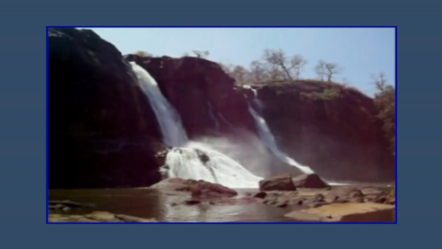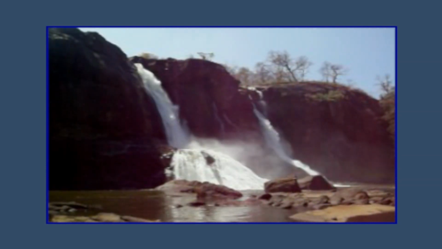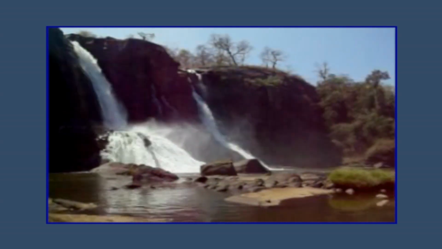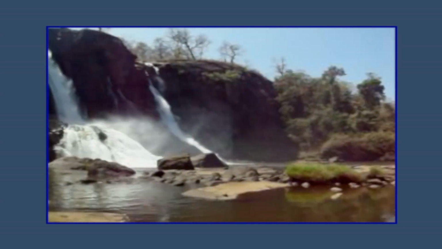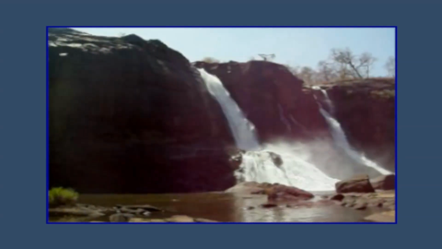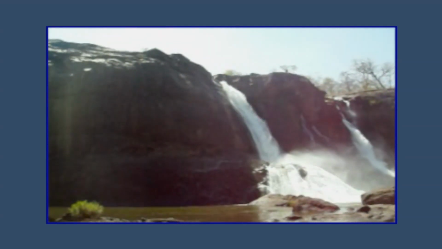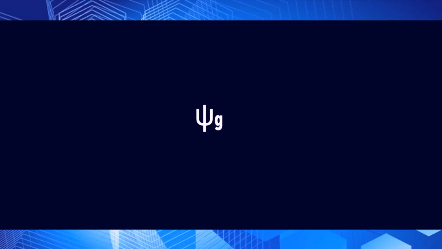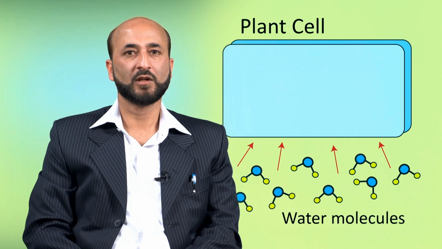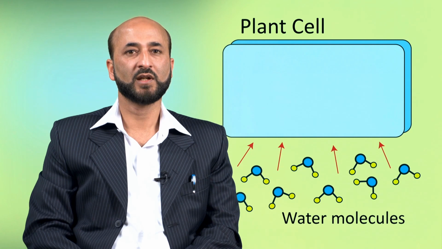Gravity causes water to move downward unless the force of gravity is opposed by an equal and opposite force. That component of water potential which is contributed by the force of gravity is called gravity potential. It is denoted by psi g. The term gravity potential depends on the height of the water above the reference state water, the density of water, and the acceleration due to gravity.